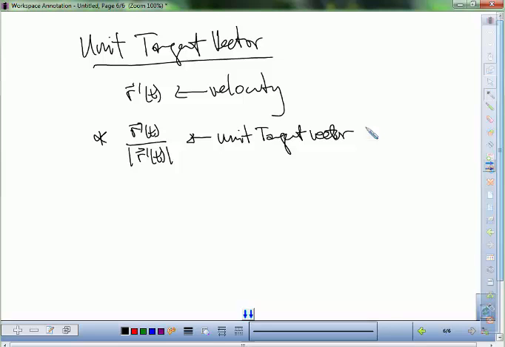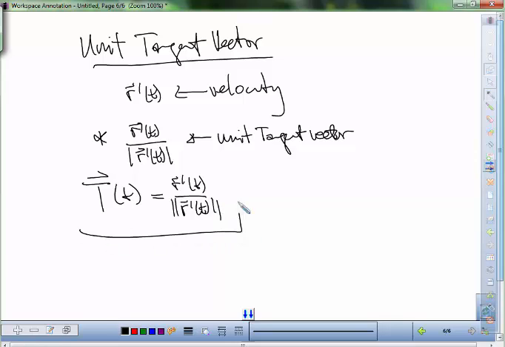So sometimes they call this capital T of t, the tangent vector. Okay?